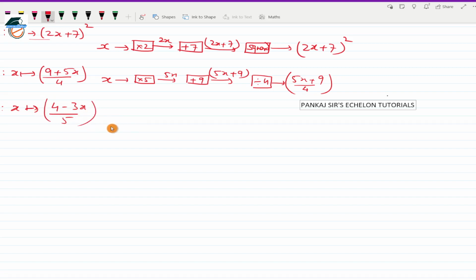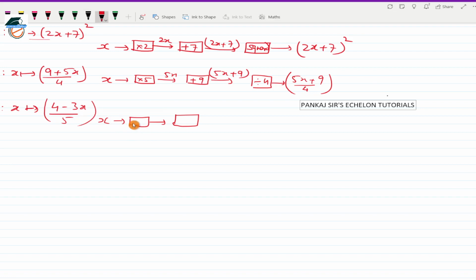Right. So the flow chart has to start with the x. It will first get multiplied by 3. We will get 3x. Now what is happening to this 3x? It is getting added to minus 4. Okay. So you can write it like this, or you can write this as minus 3. This is better.